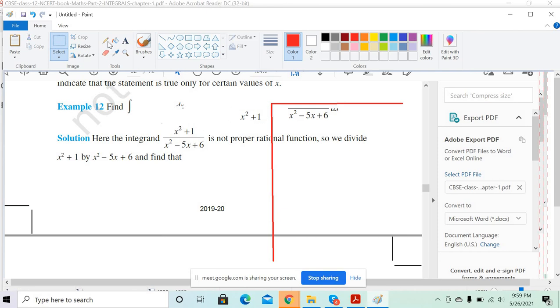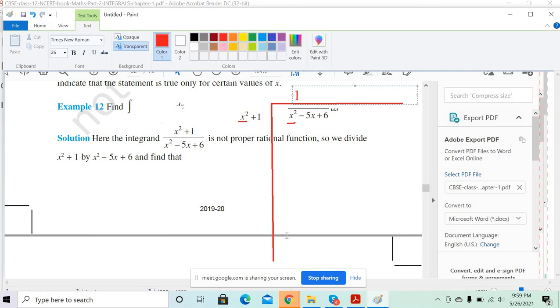So now look at this part, Vijay. This part is x square and this part is x square. What number will you multiply to this x square such that you get x square? You will multiply with 1, right? Yes, sir.